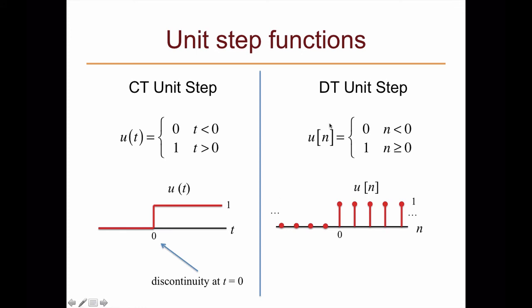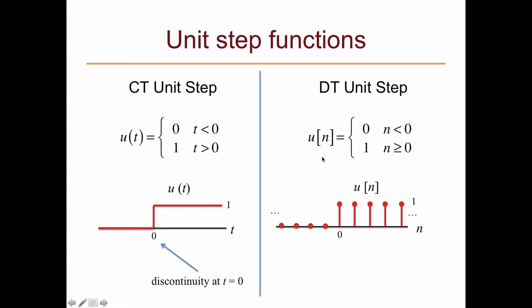For the unit step of the discrete time signal, we use u to denote the unit step function. So u(t) in CT will be the unit step function in the continuous time domain.